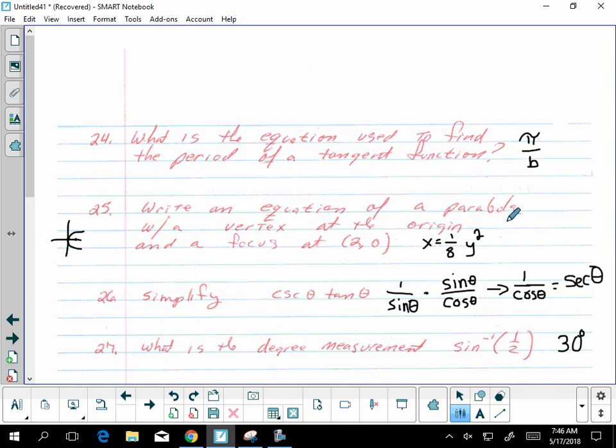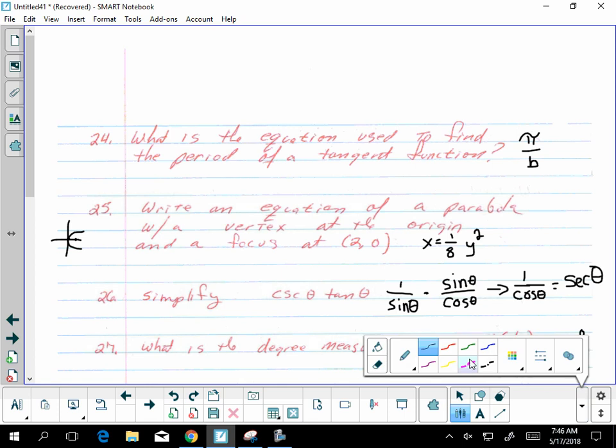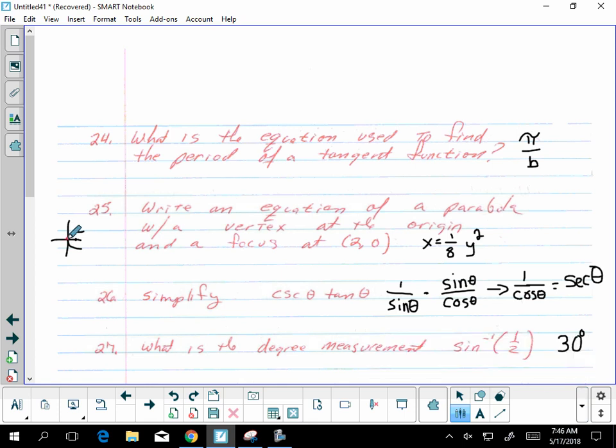Write an equation of a parabola with a vertex at the origin. So I actually started by sketching my vertex right there. The focus is at 2, 0. Well, 2, 0 would be right there. And the focus has to be inside the parabola.